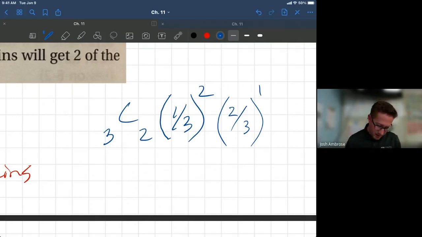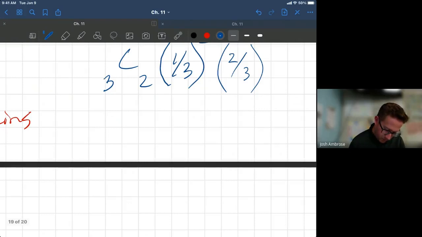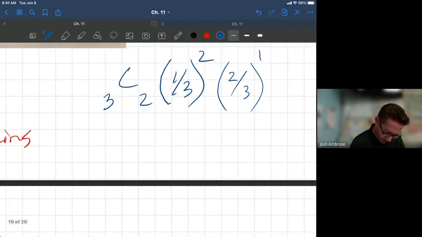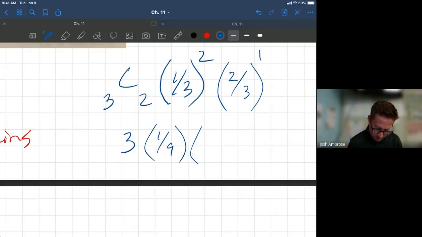Now let's see. 3 combo 2 is 3. 1/3 squared is 1/9. And then 2/3 to the first power is still 2/3. Multiply all this together. Simply plug this into your calculator.